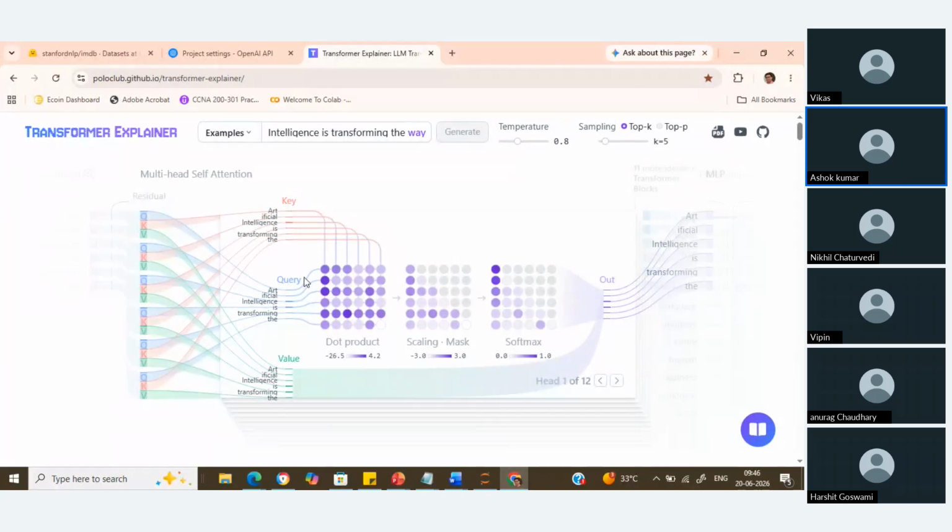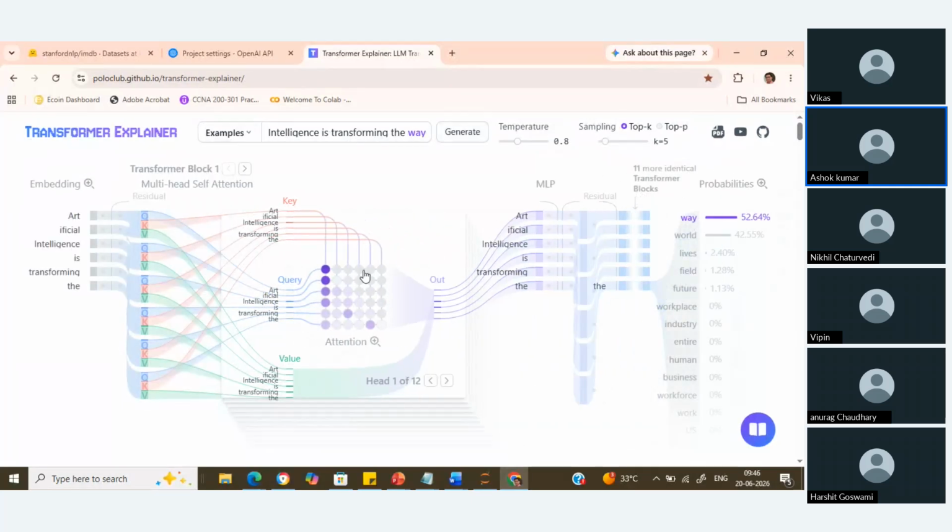The attention mechanism is going to retain the context, based upon certain matrix multiplication, and we will see it. The outcome is that the attention block retains the context.